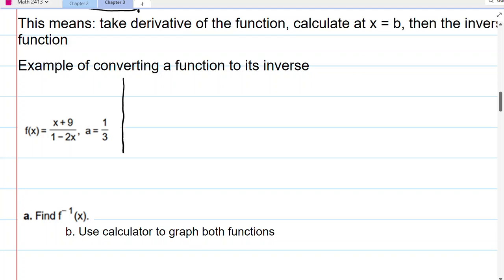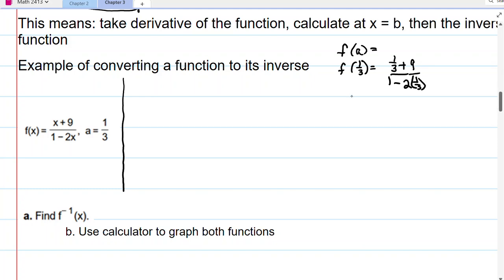And notice that it says a is 1/3. So let's talk about finding out what f of a equals in terms of y. All right, so we want f of 1/3. So I'm going to have 1/3 plus 9 divided by 1 minus 2 times 1/3.